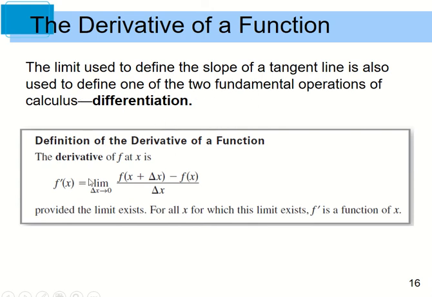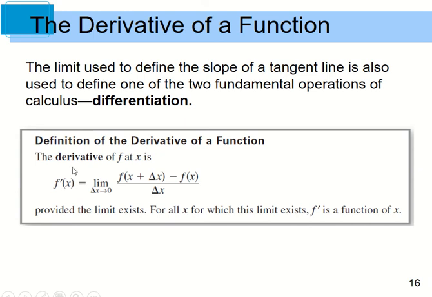The derivative is actually the slope, and the differentiation is the process. Now I repeat, what is derivative? The derivative is the slope, and the differentiation is the process.